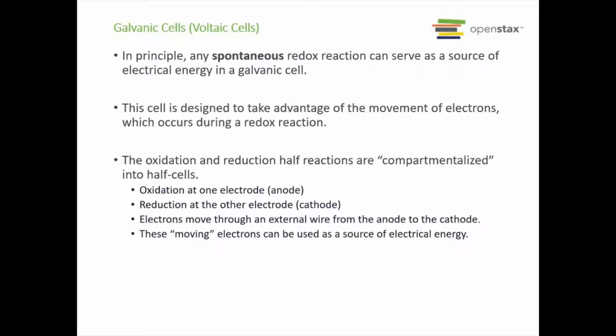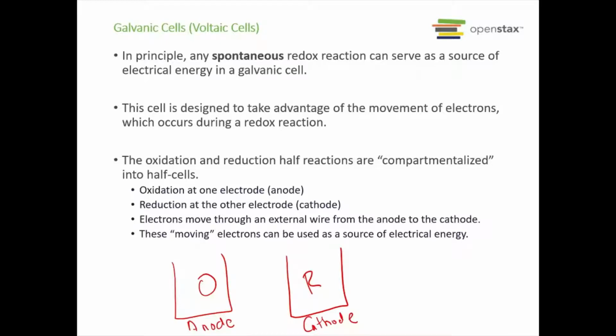And what happens is we take the half reactions from the redox and we compartmentalize them into half cells. So you have two sides where you have one electrode, which is your anode, where oxidation happens, and your other side, which is your cathode, where reduction happens.